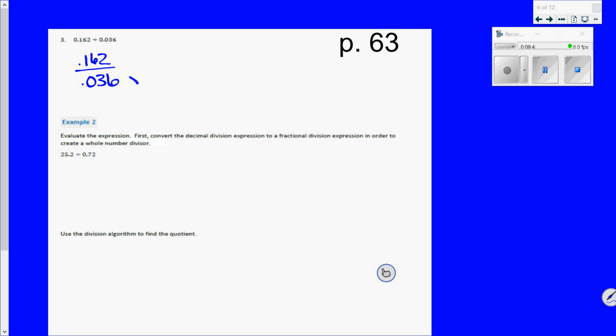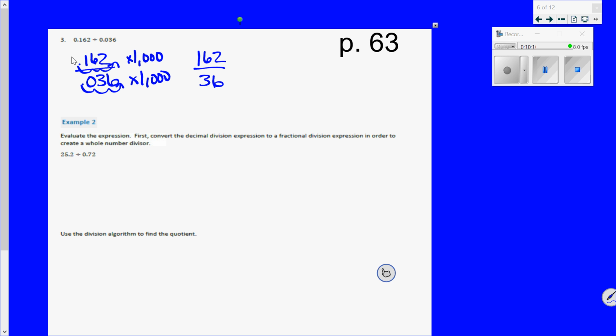So I'm going to multiply by 1,000. Anything I do to the bottom, I must do to the top to keep it even. So I'm moving 1, 2, 3, moving 1, 2, 3. That becomes 162 divided by 36. Does everybody understand the process we're going through?